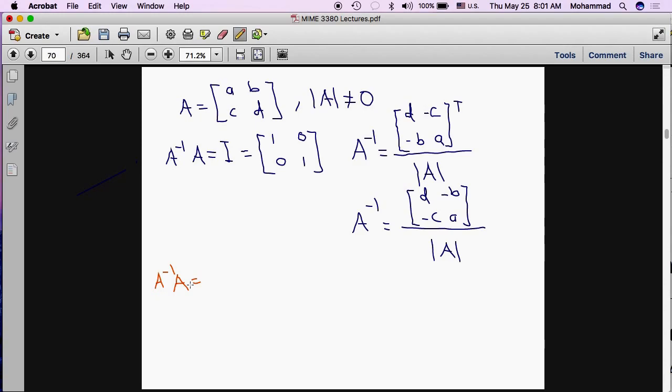So what would be the dimension of the resulting matrix, A inverse times A? How many rows, how many columns?